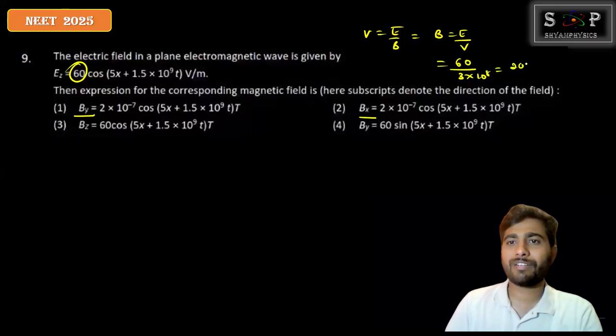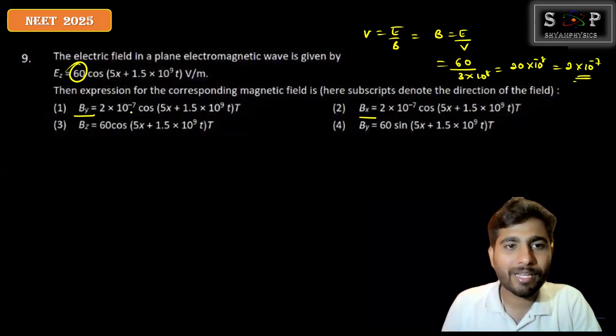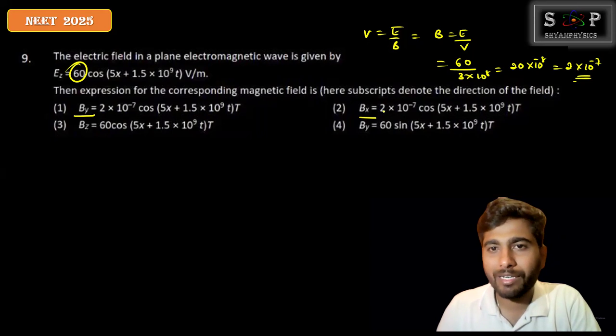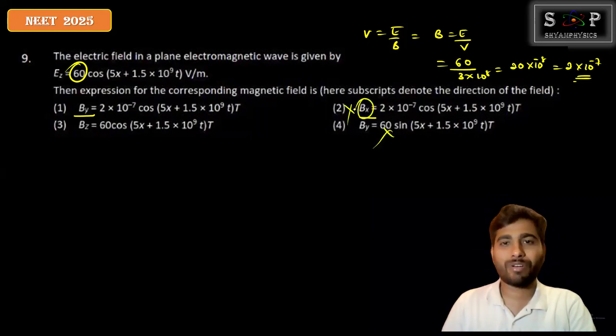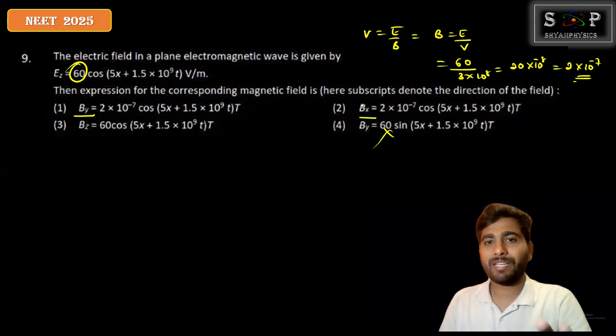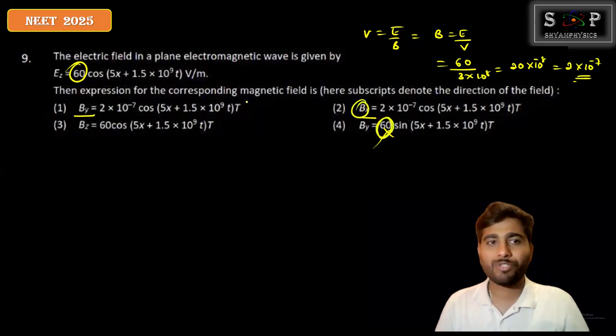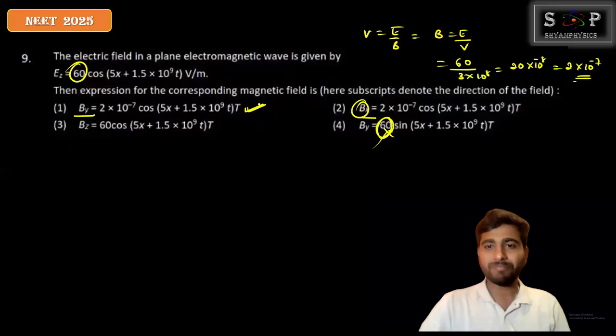So you get here 20 into 10 to the power minus 8, which is 2 into 10 to the power minus 7. And it is in the x-axis, wrong. This is wrong, correct now? Sorry, I should not take here the value B of x because it is a wrong answer. B y is correct, but the answer was coming wrong. So the correct option is option 1.